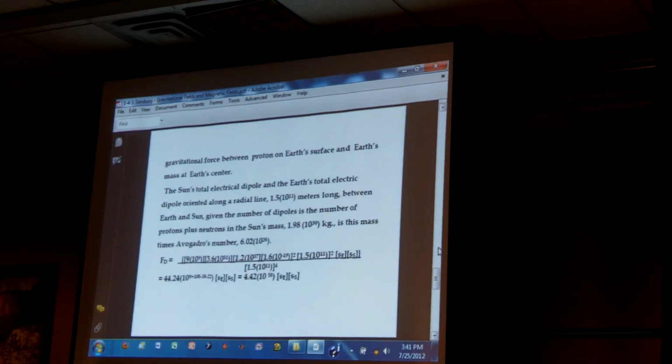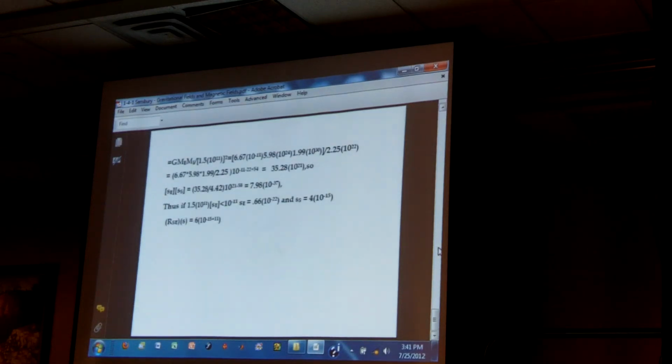And if we assume that S sub E is 10 to the minus 11 for the Earth, then we get this value for the sun, which is not very big, it's 10 to the minus 4. I mean, it's not very good at all.